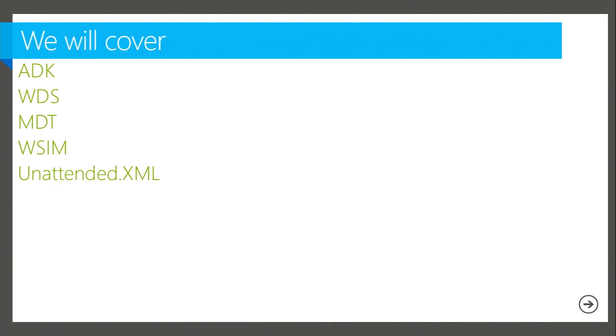Everything now is image-based. But we still automate setup through various components. So these days, we use ADK as a tool set to provide deployment features for Windows. And ADK in turn contains components like Windows PE, User State Migration Tool, Performance Toolkit, and a lot of other stuff, tools related to deployment.